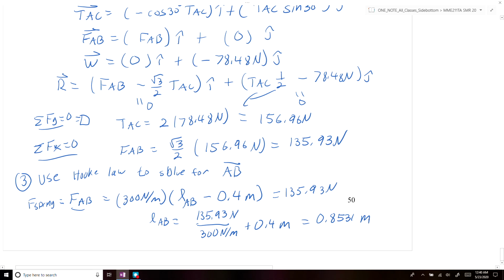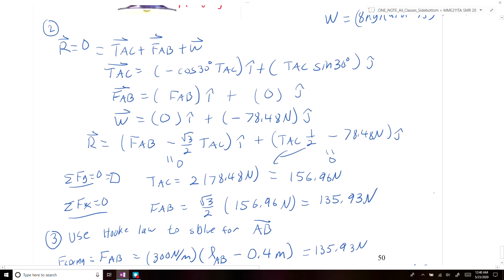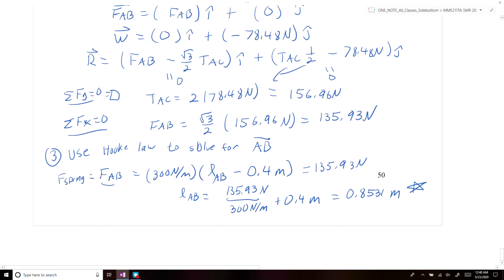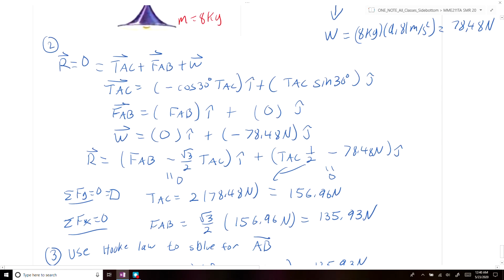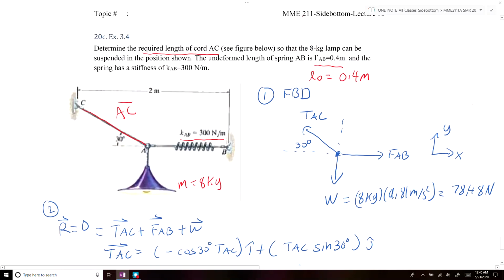What we're going to do now is look at our original diagram again. So I'm going to scroll up on our page here. All right, so we know from point A to point B, we just solved for that at equilibrium, it was equal to 0.8531 meters.